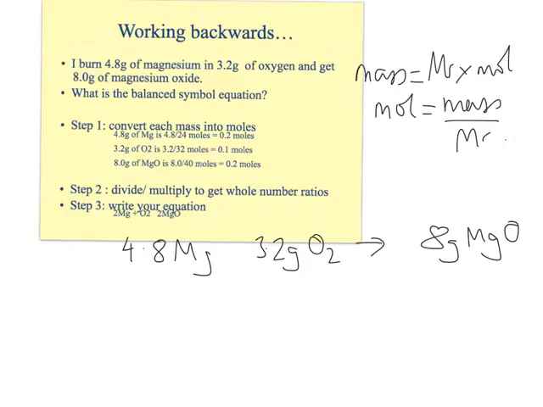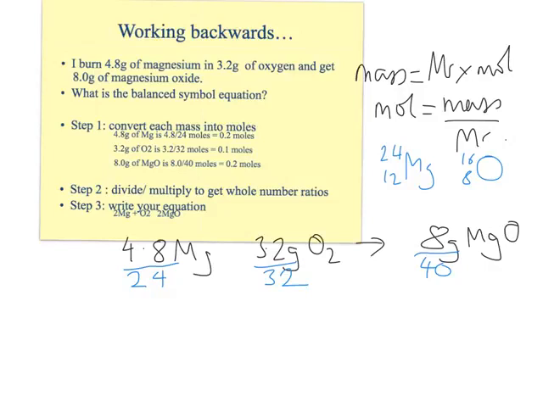So the trick is to divide by the relative formula mass of magnesium, which is 24, divide by the relative formula mass of oxygen, which is 32, and divide by the relative formula mass of magnesium oxide, which is 24 plus 16, which is 40. I'm just going to explain why it's 24 plus 16: magnesium is 24, oxygen is 16, just to remind you. So, here's your number of moles, and I've worked them out here.